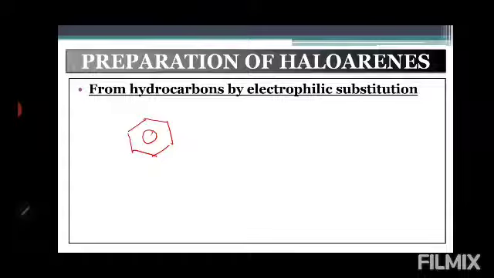If you need to substitute hydrogen by bromine, or any halogen, then the reaction has to take place in dark. Suppose we are doing bromination, so we'll use reagent ferric chloride and dark reaction.